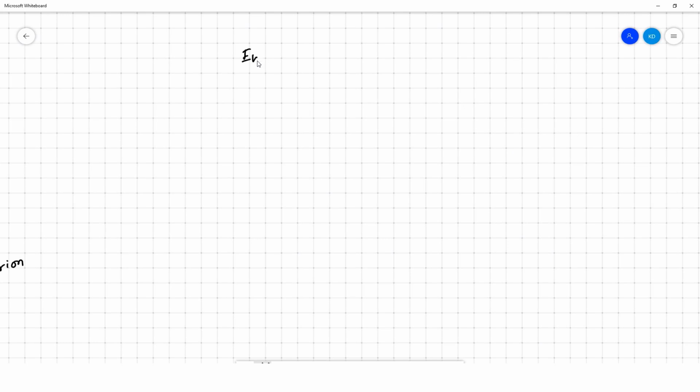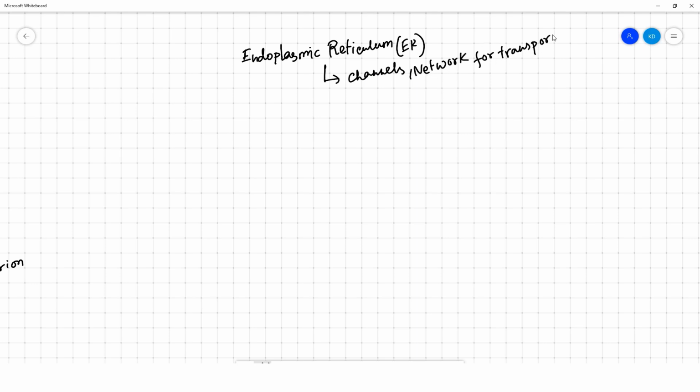So ER, endoplasmic reticulum, is very important. Endoplasmic reticulums are channels and a network. What is the function of endoplasmic reticulum? These are channels and a network for transport.